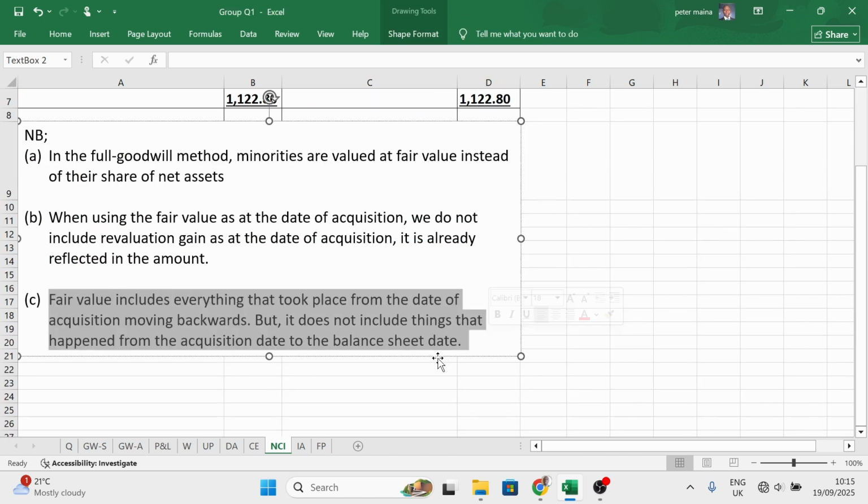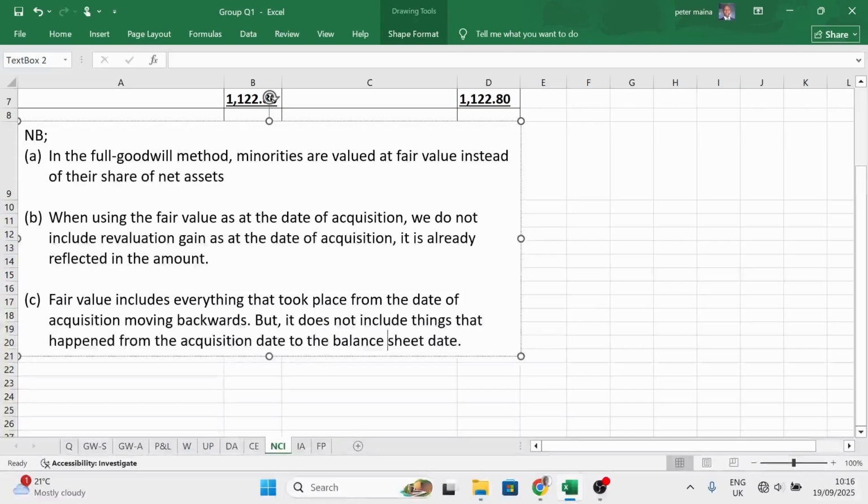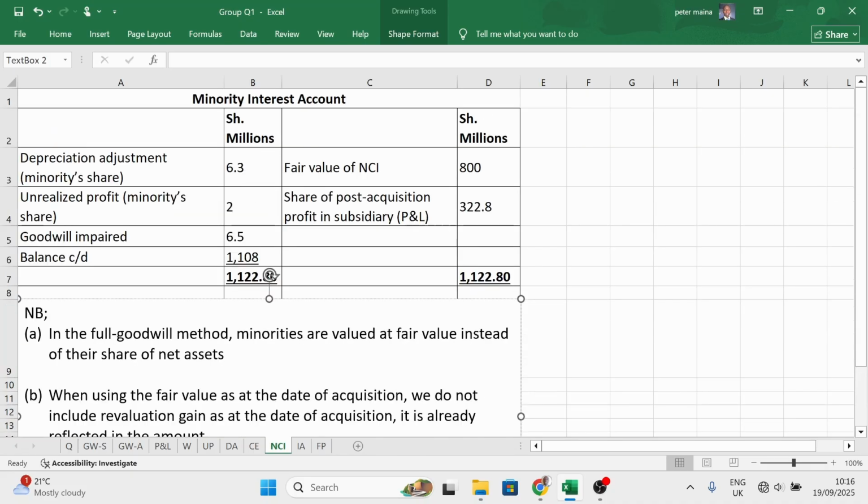The last point you are supposed to note: fair value includes everything that took place from the date of acquisition moving backwards, but it does not include things that happened from the acquisition date to the balance sheet date. One of those things is the post-acquisition profit.